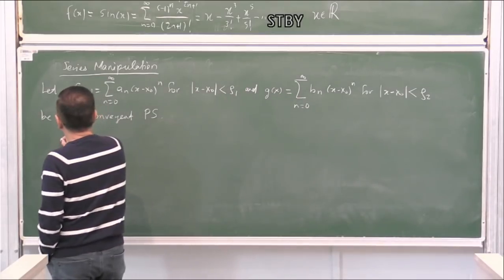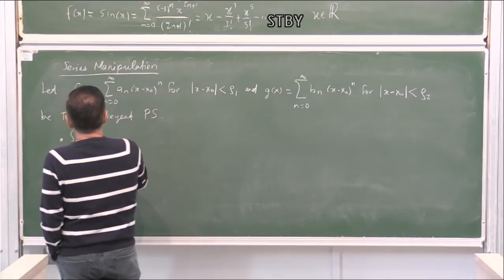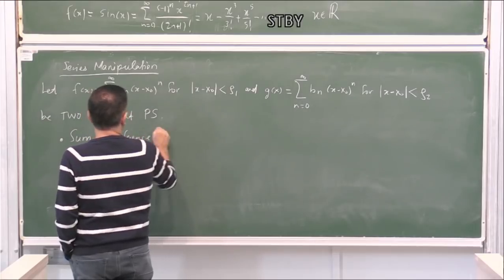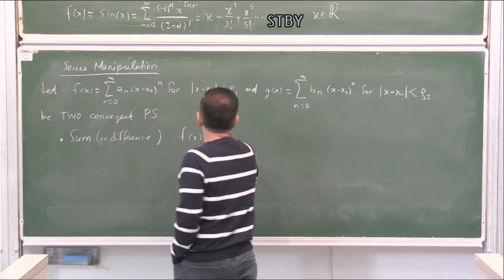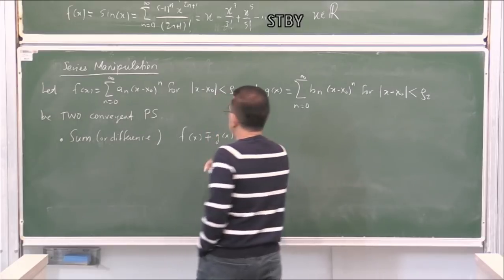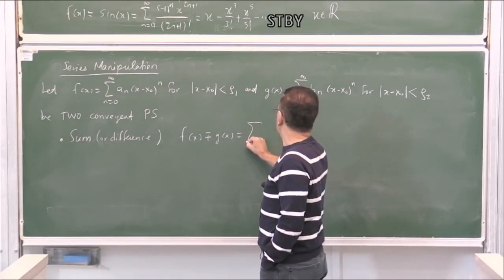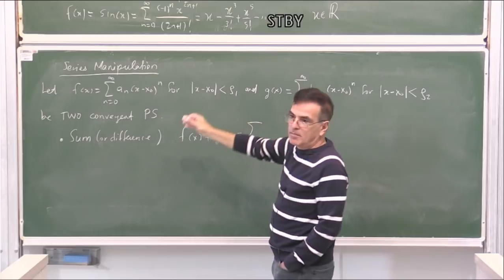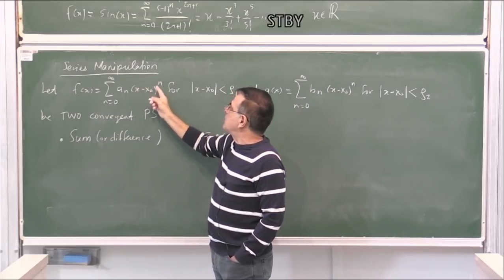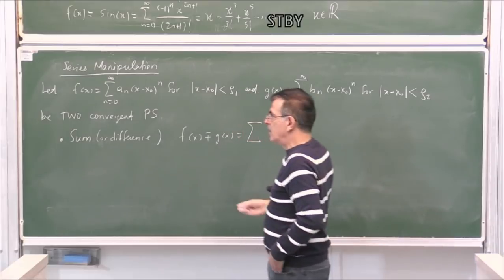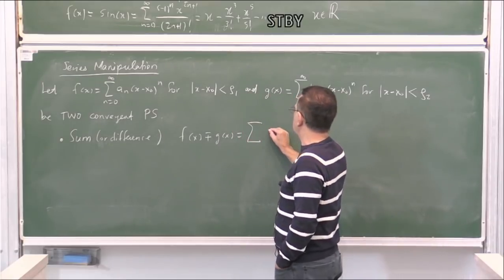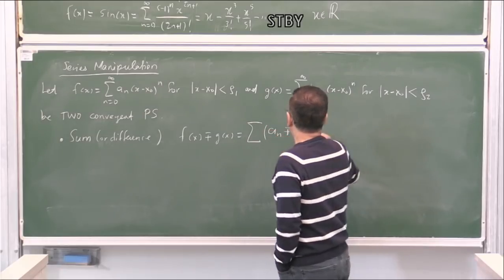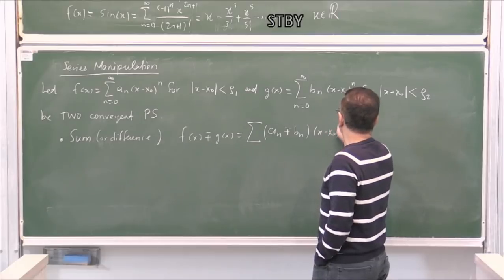The sum is possible. Sum or difference is possible. F of x plus or minus g of x is a new series. So we take the sum of the corresponding terms with the same power of x minus x0. So we have an plus or minus bn times x minus x0 to power n.